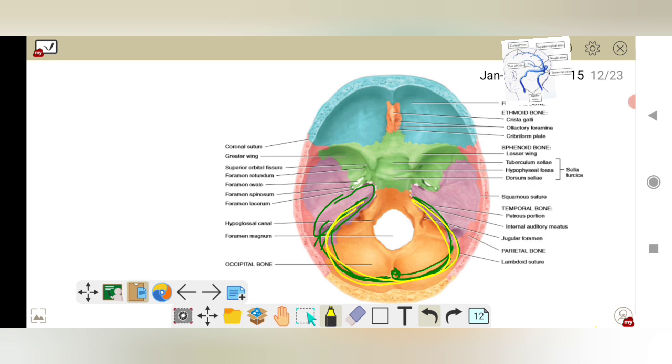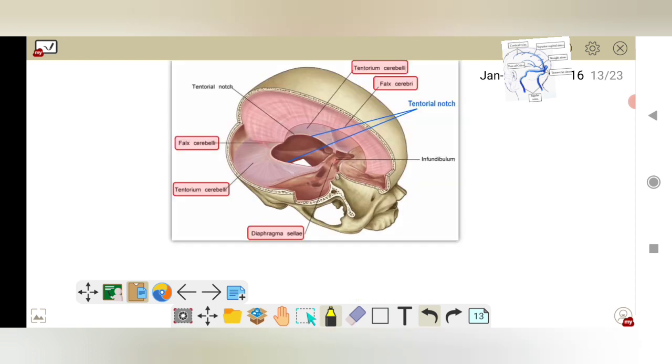Now, the anterior end of the attached margin is attached at the posterior clinoid processes of the dorsum sellae. This is the attached margin of the tentorium cerebelli. Now, the free margin forms the tentorial notch, and it is U-shaped, as we see in this diagram. This is the tentorial notch.